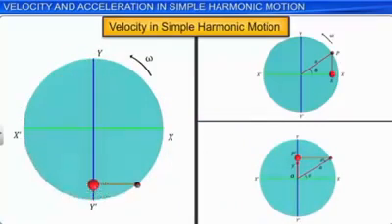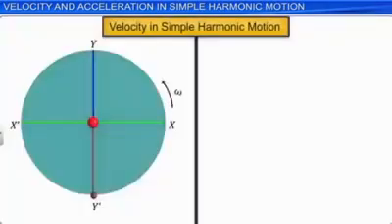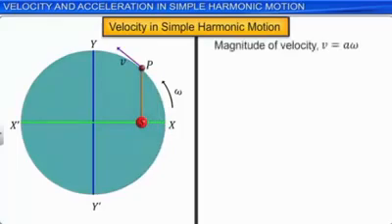The particle executes circular motion with a constant velocity v, whose magnitude is equal to A omega, where A is the radius of the reference circle.